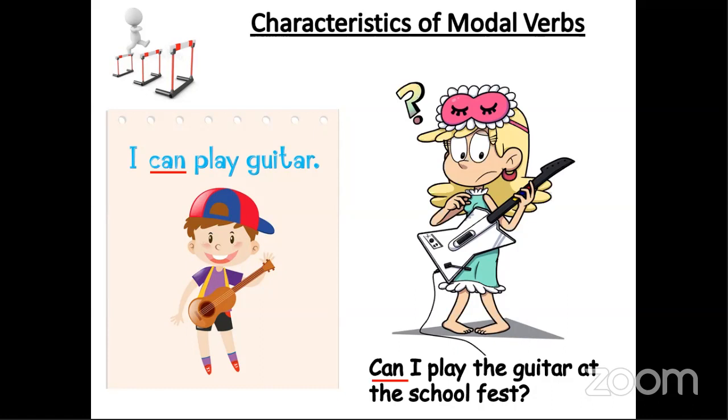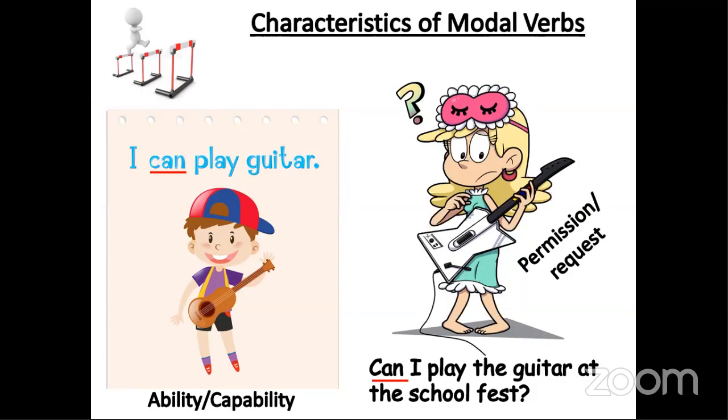What is his ability or capability? He can play the guitar. In the second sentence, can is used with the main verb play to express the fact that she is asking for permission or request to play guitar at the school fest.